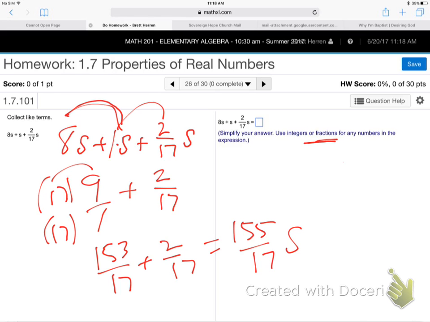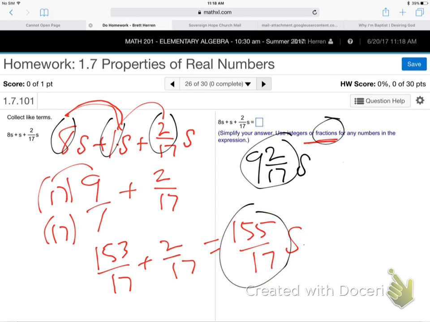Now, I showed you the other way because I think it'll be easier for you. You just go 8 and 1 is 9, and then the 2/17 is just that, 2/17. So you just go, it's 9 and 2/17 s. Can't leave it that way, though, because they said fraction. So how do you convert mixed number to improper? Remember? You multiply and then add? Multiply the bottom and add the top. Exactly.